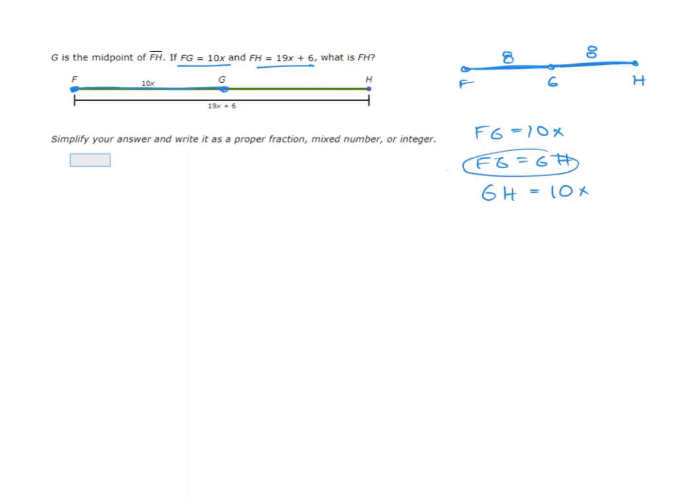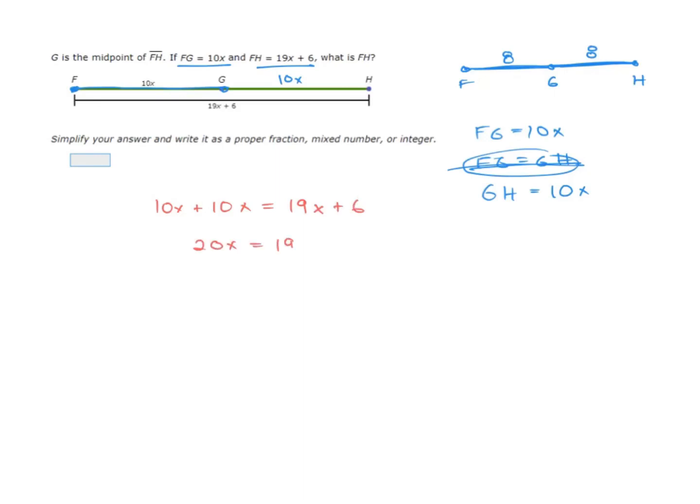Basically, you're connecting this with this. So we could say this here is 10x. And then just like the segment addition postulate, we could say 10x plus 10x is equal to 19x plus 6.